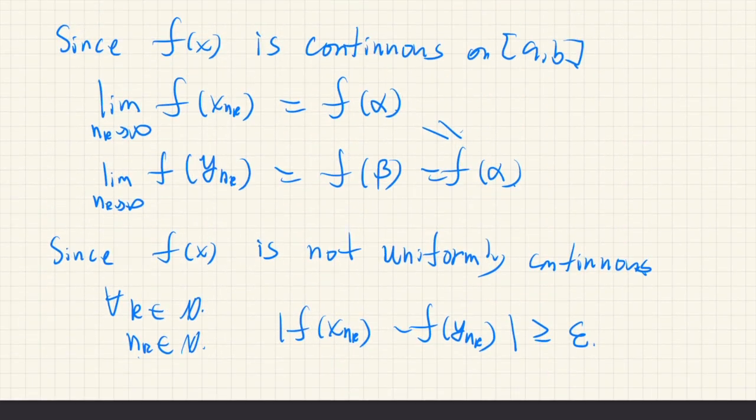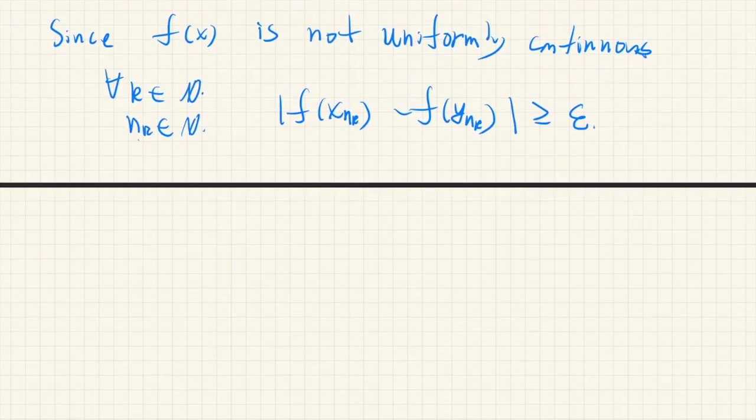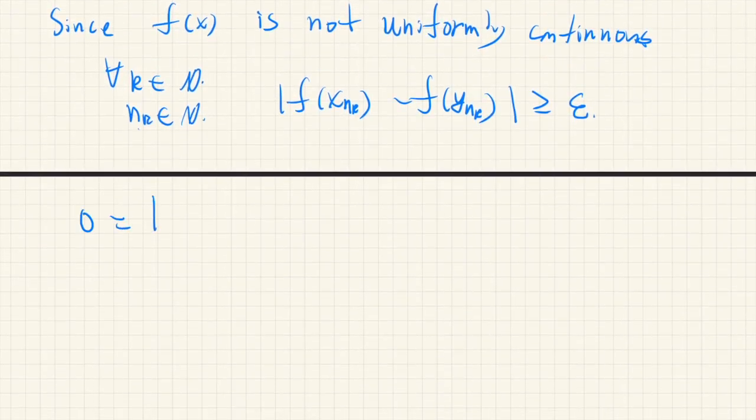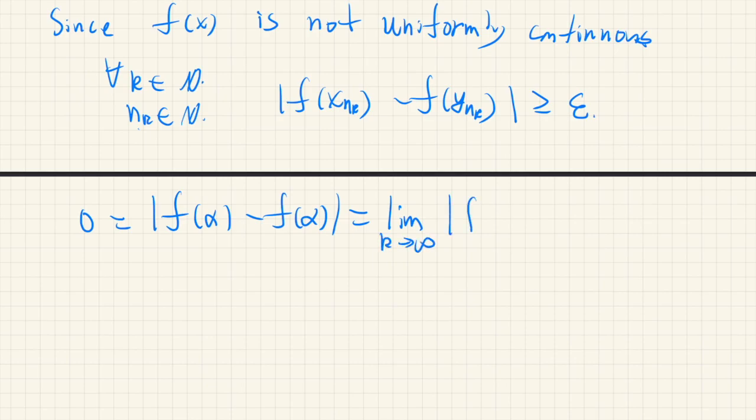So that means 0 is equal to f(alpha) minus f(alpha). Of course, that's 0. But this is obtained as a limit, actually as k going to infinity, of f(x_{n_k}) minus f(y_{n_k}).